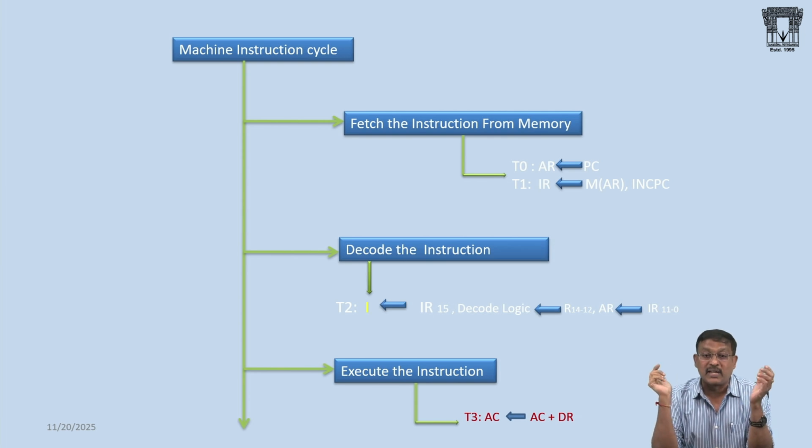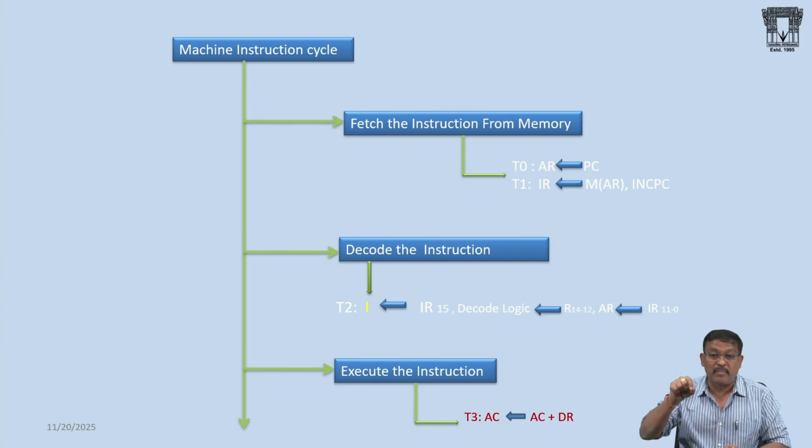What about the accumulator? That is a default register, because your processor is an accumulator organized processor. If the processor is an accumulator organized processor, all the arithmetic and logical operations must be performed with the accumulator only.